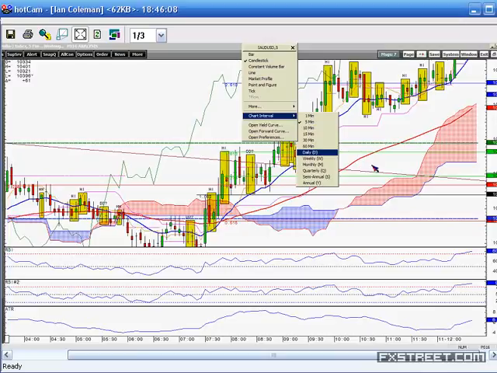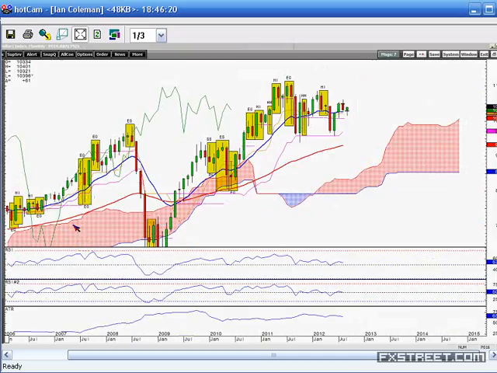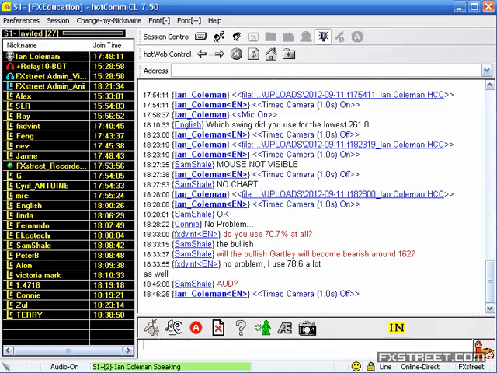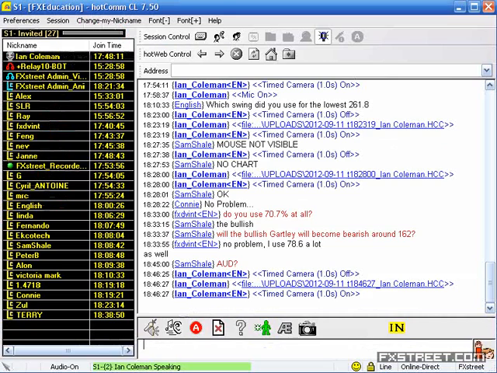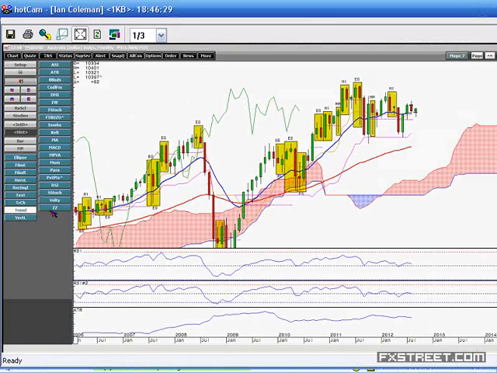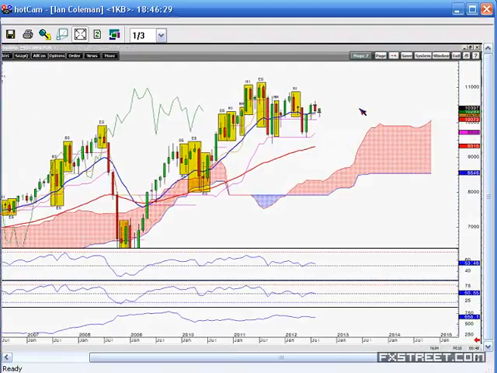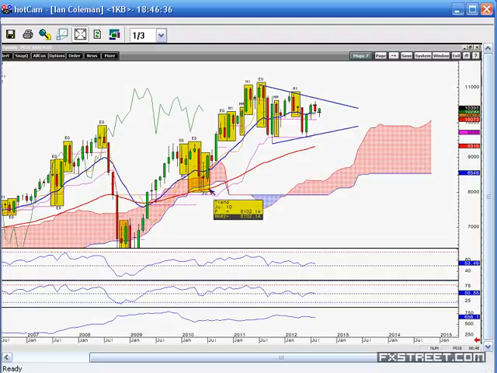It's one hell of a rally. This is the monthly, and we're in a symmetrical triangle formation, which can be seen as a flag.